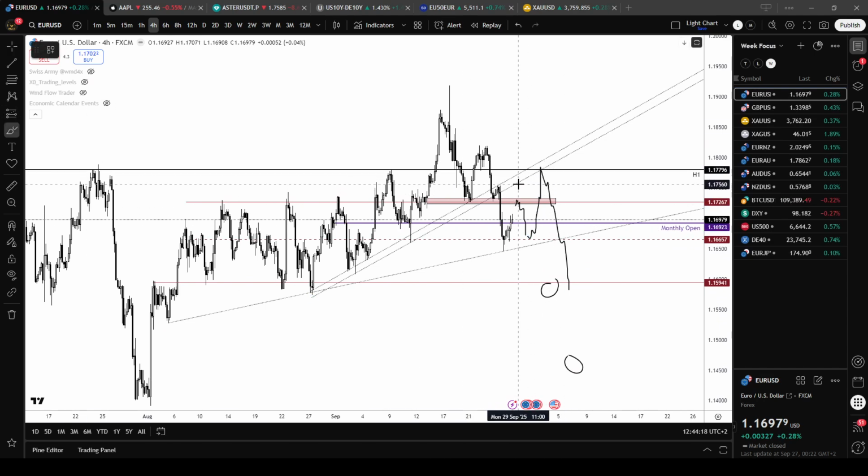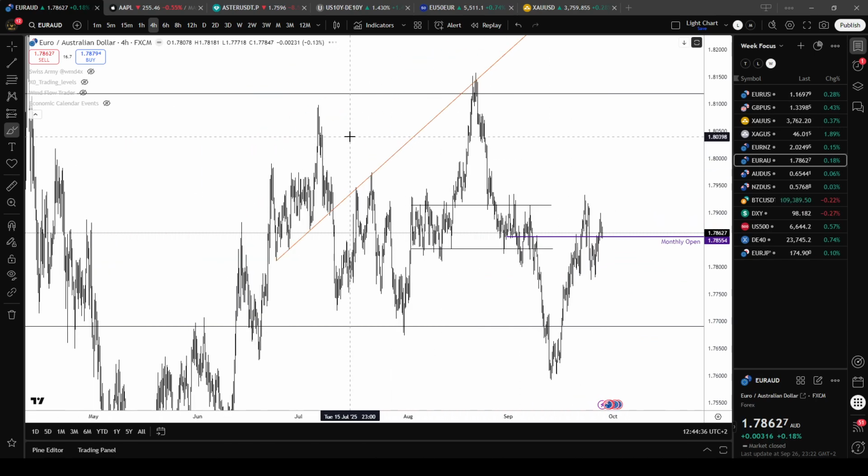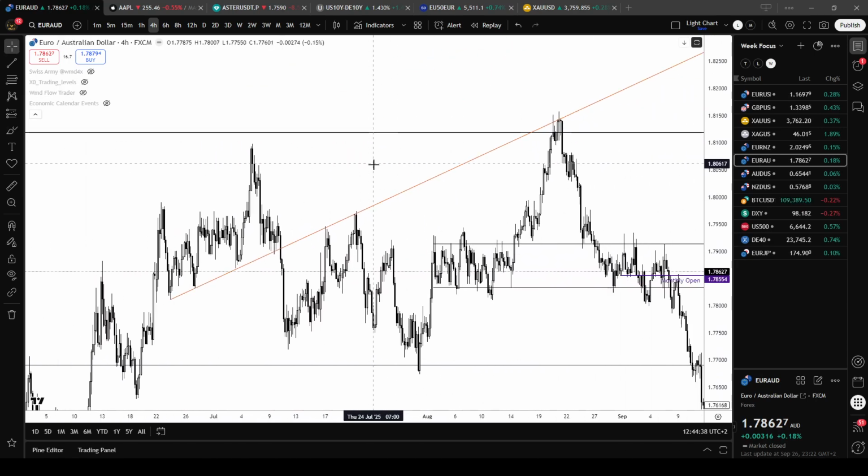Because if the market just went here directly, I wouldn't trust it as much. I'd much rather give it some space and time, and it would be just beautiful. Because we had a very similar pattern on Euro AUD. Look here, you have a trend line acting as support.